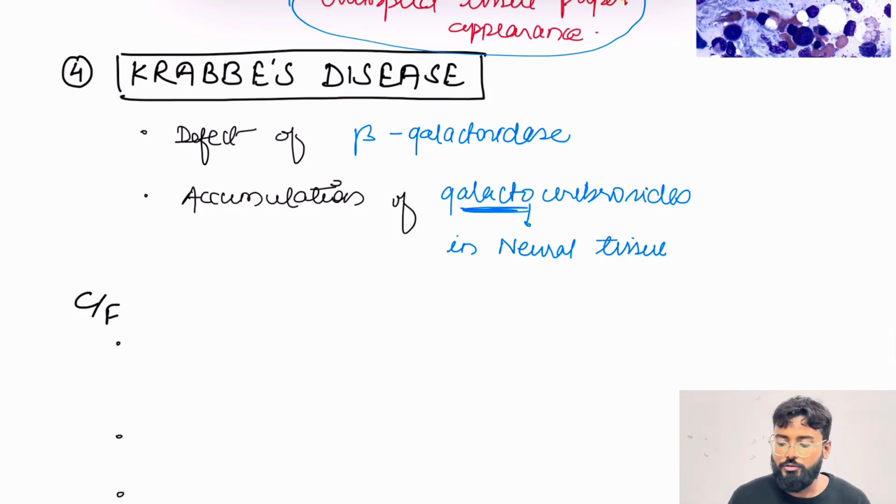So the accumulation of galactocerebrosides is seen when the enzyme defective is your beta galactosidase, that is your Krabbe's disease.